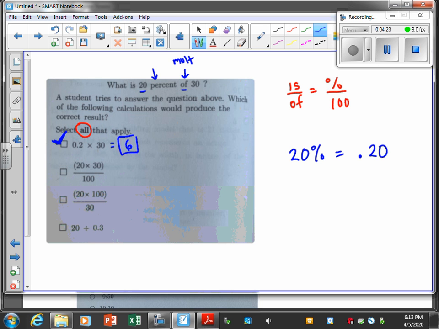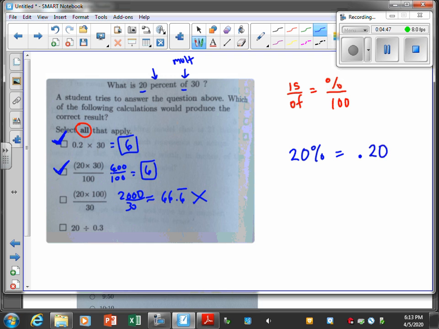So then this one's the same thing. This one's going to be 20 times 30, which is 600, divided by 100, which is still going to be 6. Same thing. This one's going to be 2000 divided by 30, which is approximately 66.6 with the bar over it.